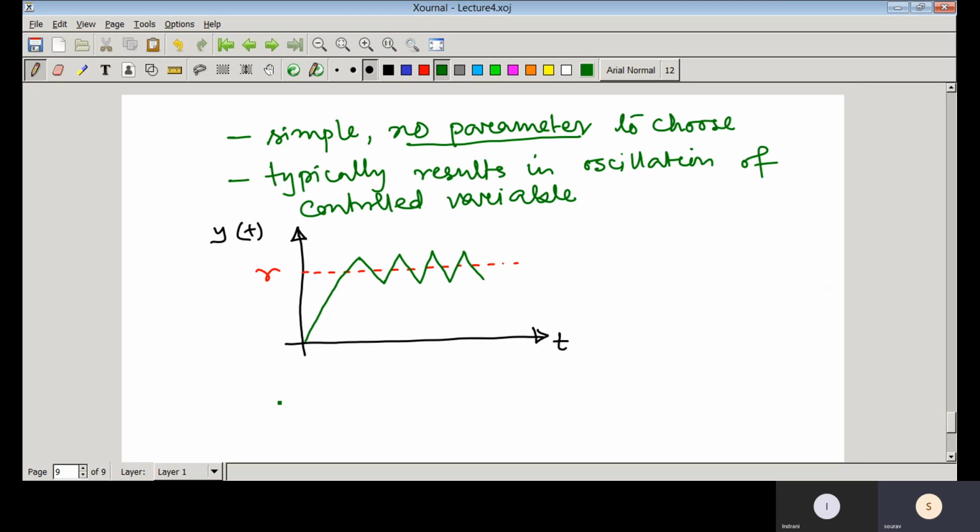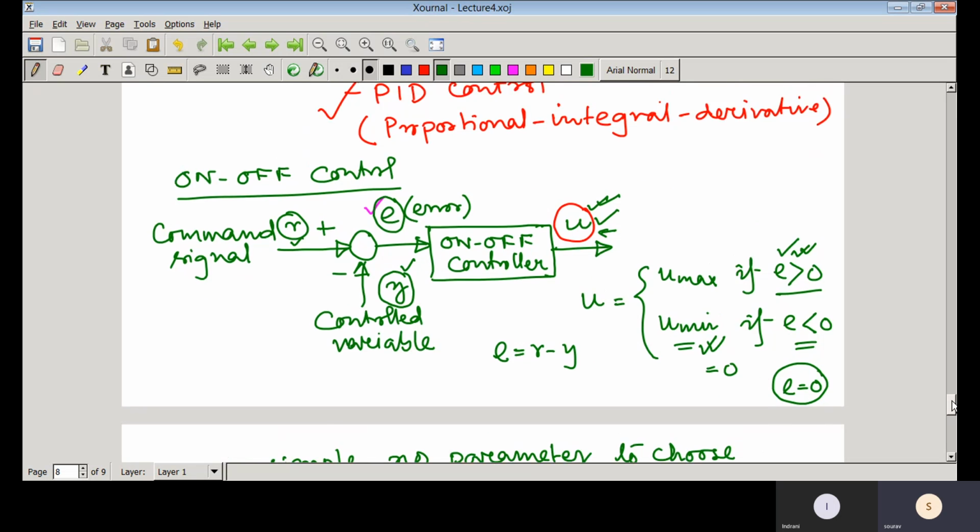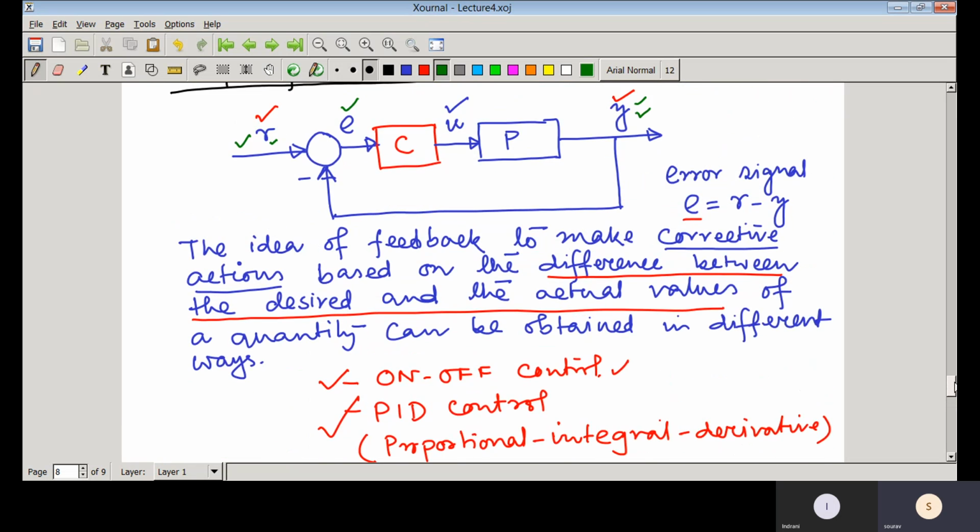There is another disadvantage of this on-off control, although it is simple. Whenever the error equal to 0, no control input is defined. So you do not know what would be the control input, how much input will be fed to the plant.